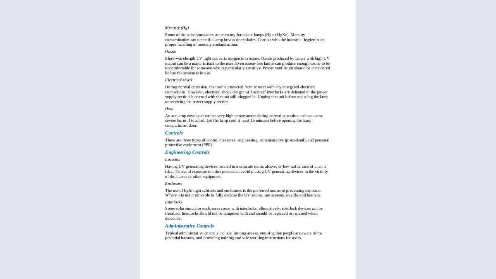Now, the typical administrative controls include limiting access, ensuring that people are aware of the potential hazards, and providing training and safe working instructions for users.